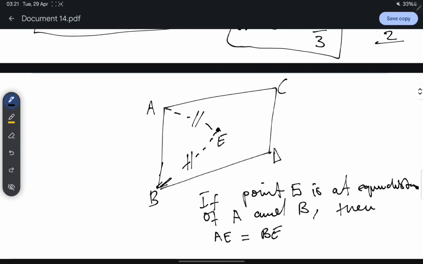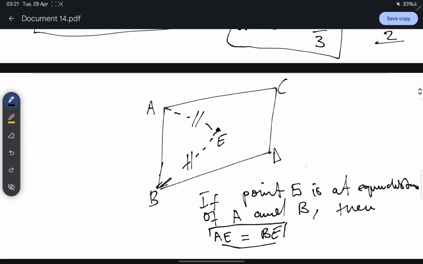So when you have been told that a point is equidistant from something, you use the knowledge that the distance of the point from that particular coordinate is equal to the distance of the point from the other particular coordinate. So with equidistance, they are talking about the distance.